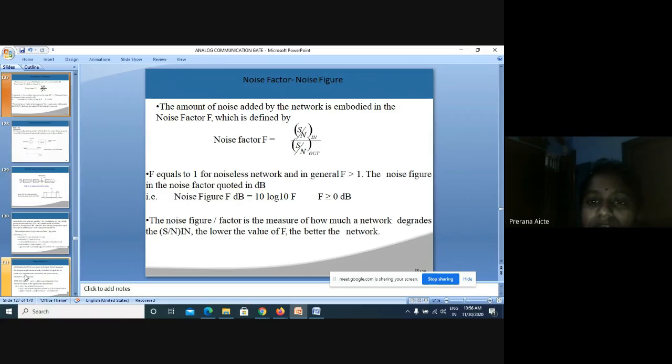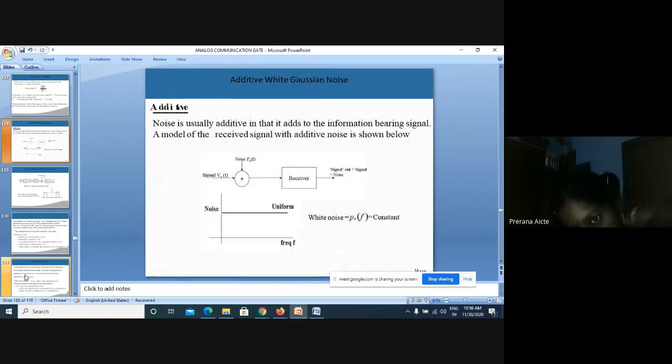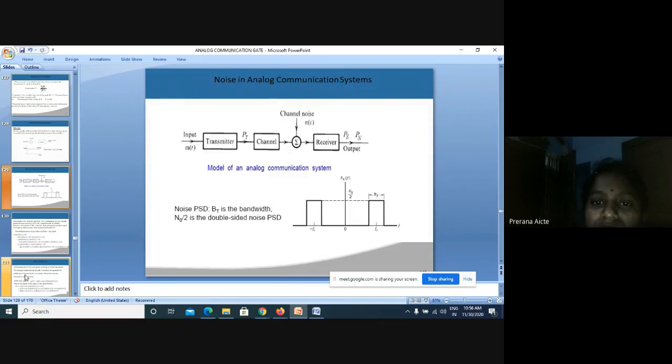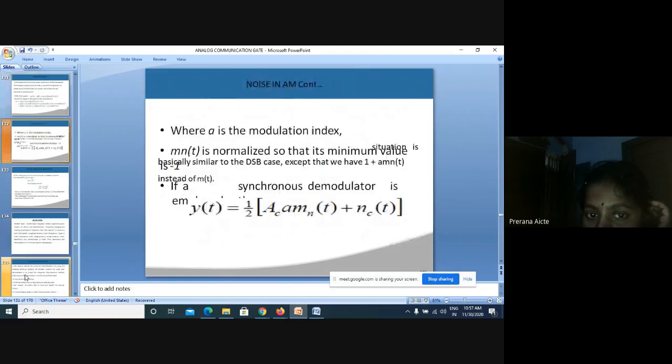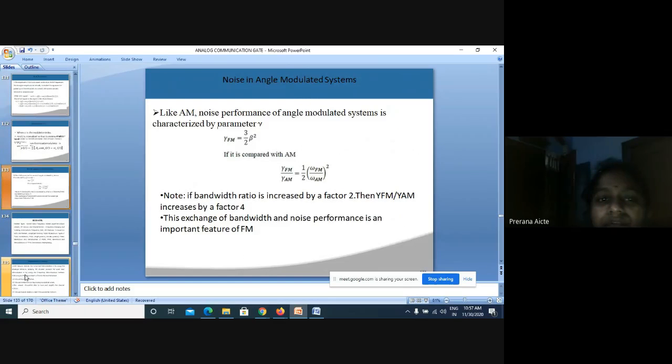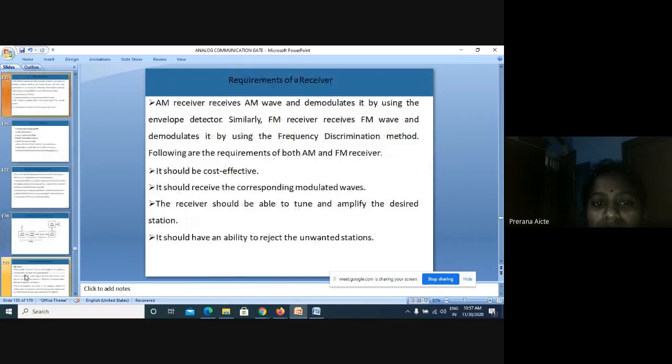Noise factor is the signal to noise ratio at input by the signal to noise ratio at output. When we express this in terms of dB, it is the noise figure, 10 log10 of F. For our analysis purpose, we consider that our noise is additive white Gaussian noise. By considering the noise added as additive white Gaussian noise, we'll derive the expressions to find the figure of merit for different modulation techniques.